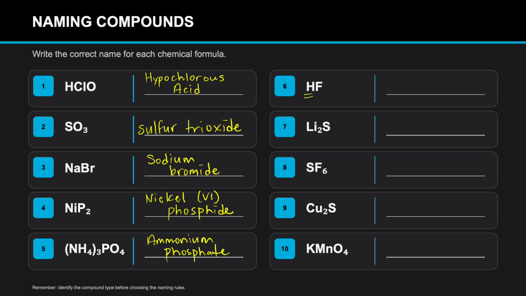Next up, we have an H in front, which, what does that tell us? Acid. Now, is this a polyatomic ion? No, it is not. It's an element from the periodic table, which means we are starting with hydro. This is fluorine, so it's going to be hydrofluoric acid.